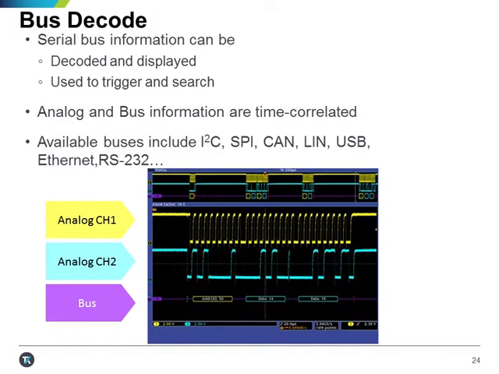In fact, our MSO 5000, DPO 7000, and 7K higher performance oscilloscopes offer serial triggering and decode for SuperSpeed USB 3.0 signals.